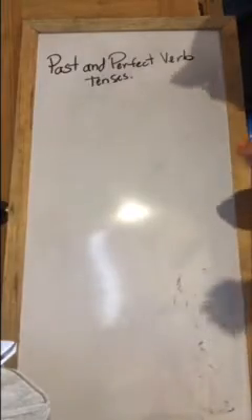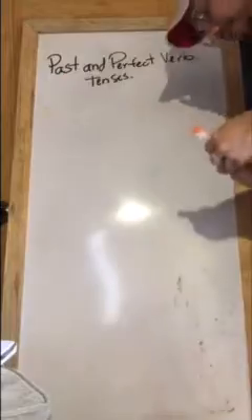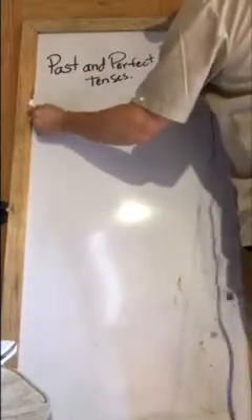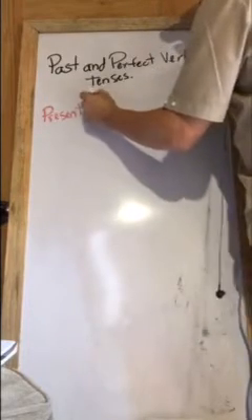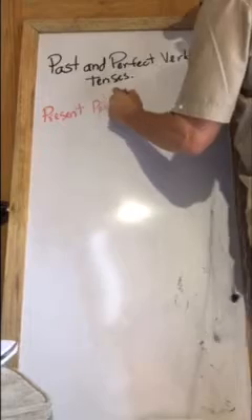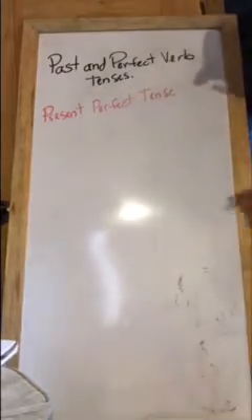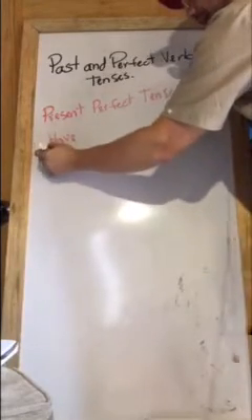And we were saying that we are going to use, for the present perfect tense, two auxiliaries. We are going to use have and has.